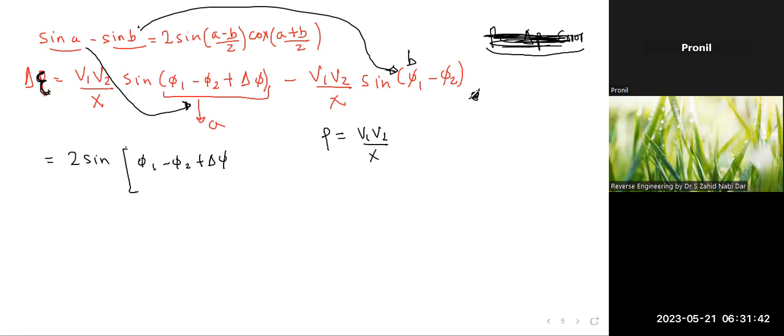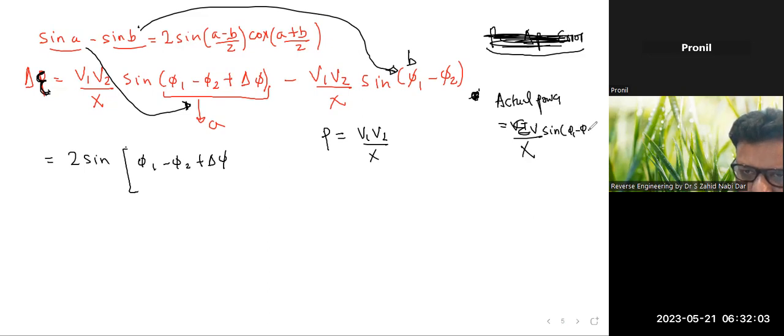Don't get confused with delta and all that. It is basically what is the actual power. Actual power is E V by X. This is the actual power, E V by X sine of phi 1 minus phi 2.